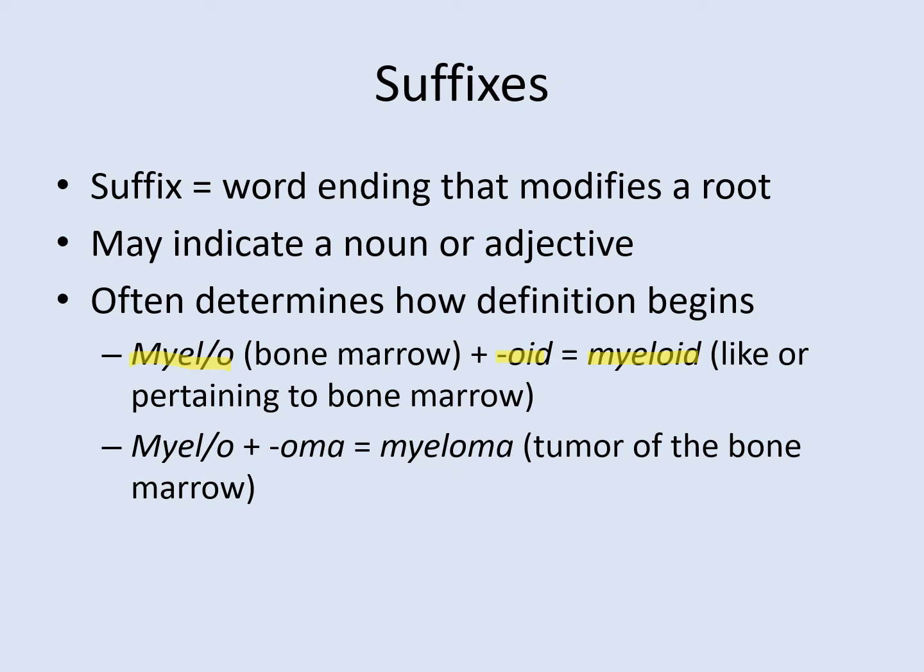Another example using the same root would be myeloma, with oma being the suffix, meaning a tumor of the bone marrow. So by changing the suffix, you change the meaning of the word after attaching it to the root.